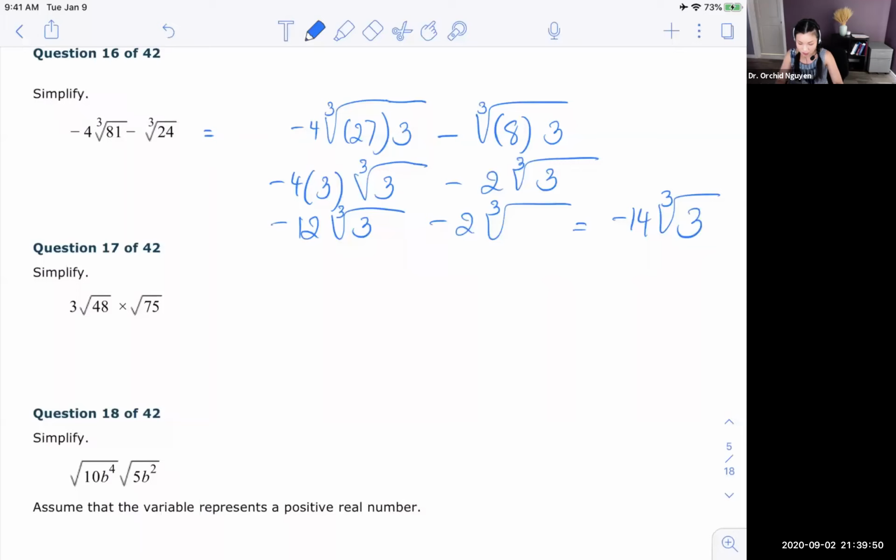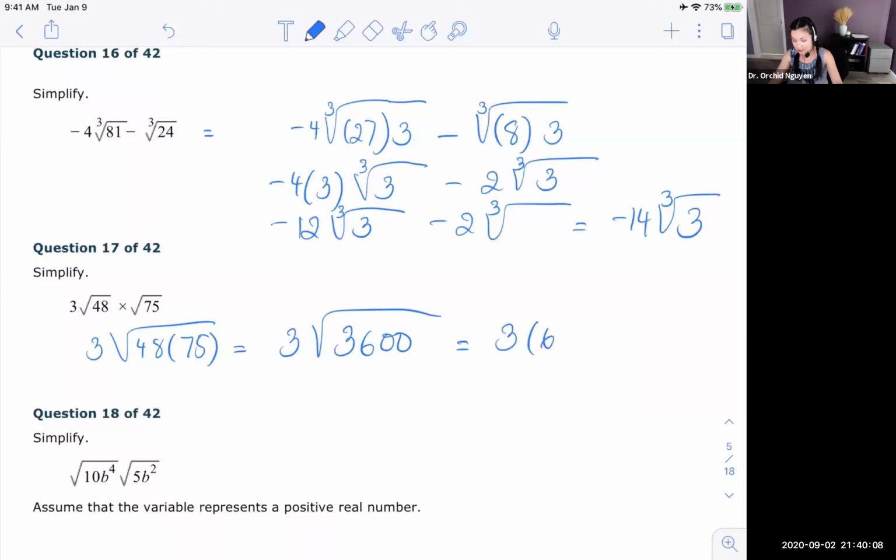So if you take 48, you multiply by 75, you end up with 3,600. And when you take the square root, it's just 60, which is really nice, right? So you can just multiply that.